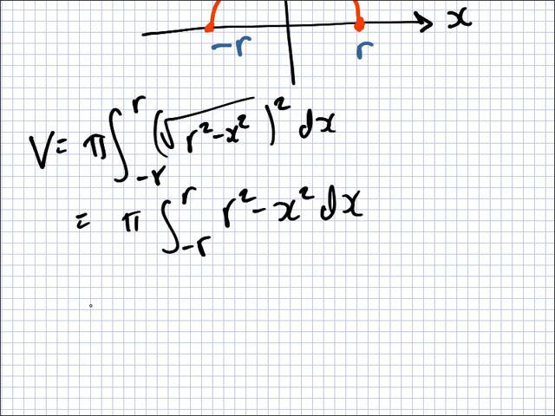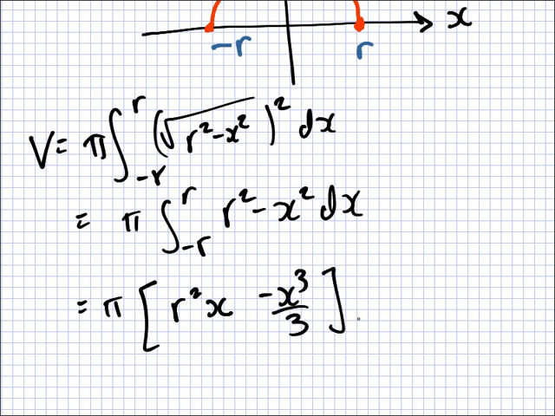Okay? This is pi, r squared x minus x cubed over 3, from minus r to r. What's the rule? Because the r squared is constant. It's a constant.